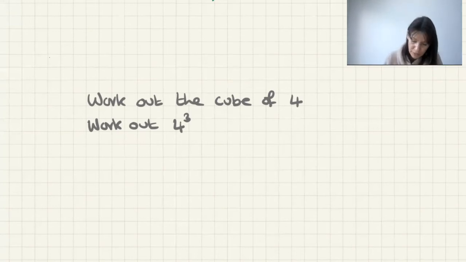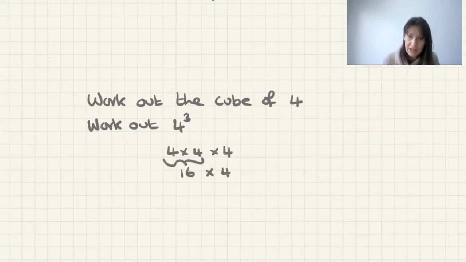So 4 cubed means 4 times 4 times 4. Okay. Now 4 times 4 is 16. And then we've got to do 16 times 4. Now you can double it and double it again for the 4 times table. So 32, 64. Or you can go to whatever preferred method that you have for finding that.